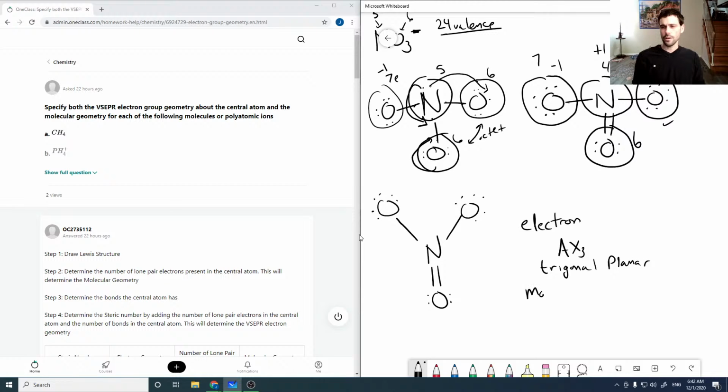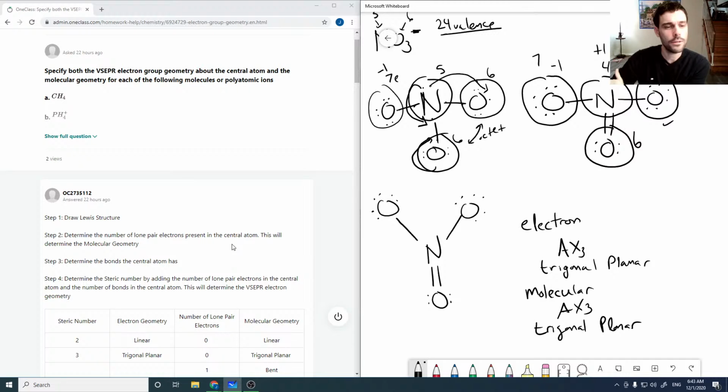And our molecular geometry is also AX3, so trigonal planar. Okay, so those are the 4 molecules the question has to solve.